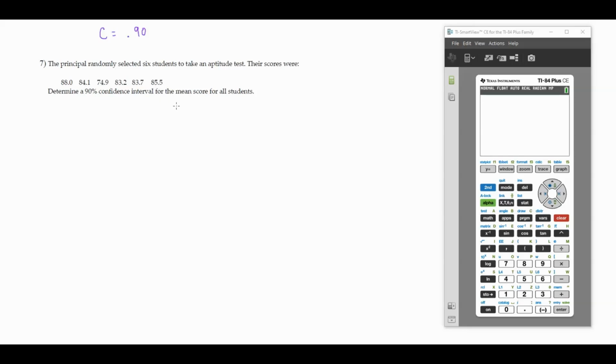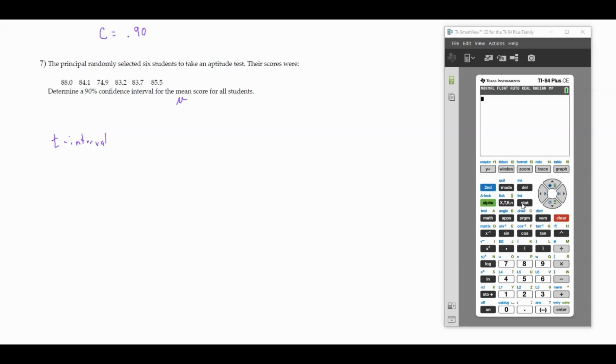I'm trying to estimate the mean score for all students. I want some confidence interval estimate for all students. So I have a small sample. I don't know the population standard deviation. So I'm going to use the t-interval command. The t-distribution is an approximate z distribution.